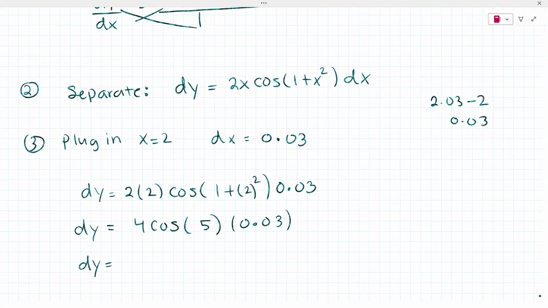And then 0.03 times 4, or if you put all this in the calculator, you should get 0.034. Okay, so that is how you find dy.